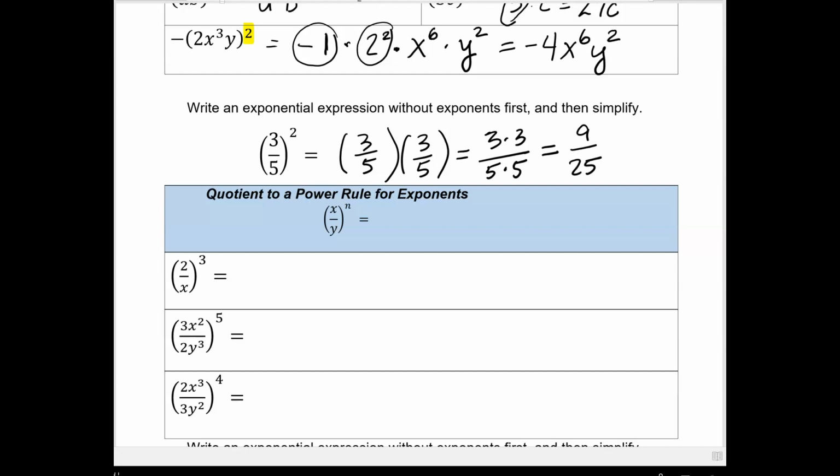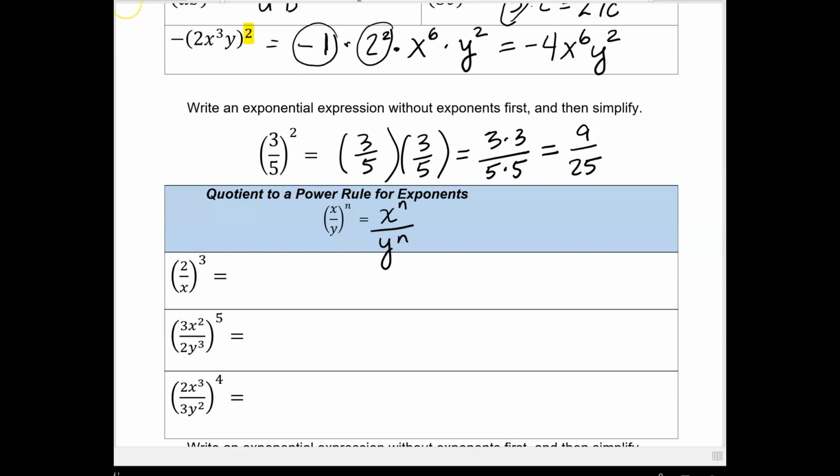Now we could have just simply done what? If you look at it, if the answer is 9 over 25, we simply could have just squared everything that was on the inside of that parenthesis, which brings us to the quotient to a power rule. So you have x to the nth power here over y to the nth power.